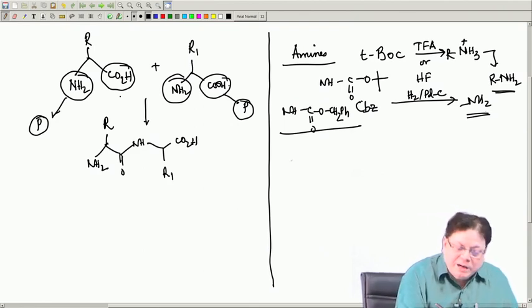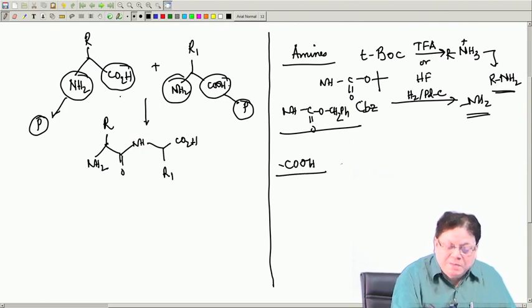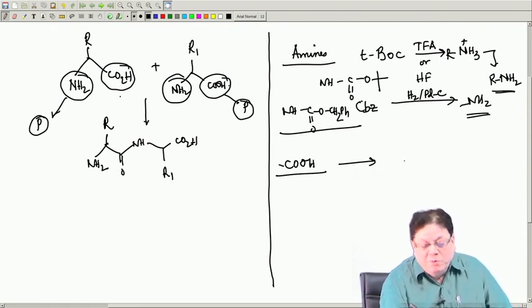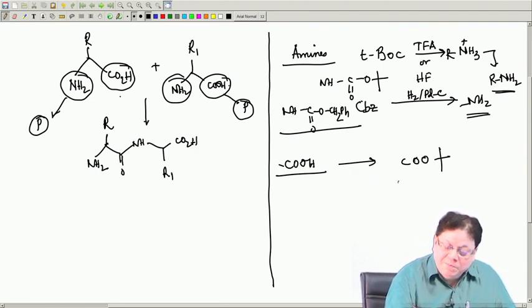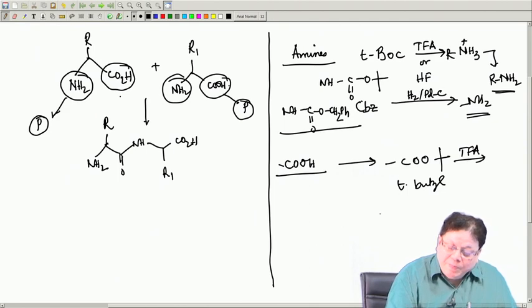For the carboxy group, we have said, very similar types of protecting groups. One protecting group which comes off in acid is the t-butyl ester, and this also comes off with TFA. The other protecting group is benzyl, a very similar one like the earlier CBZ.